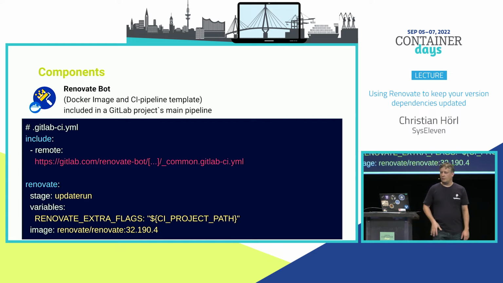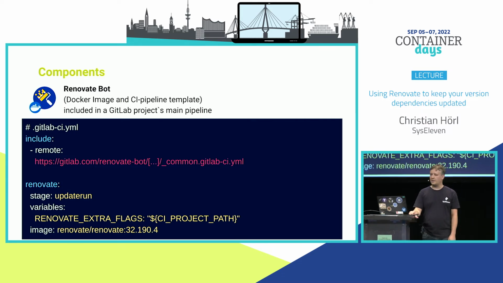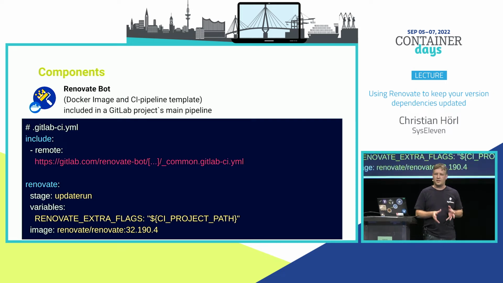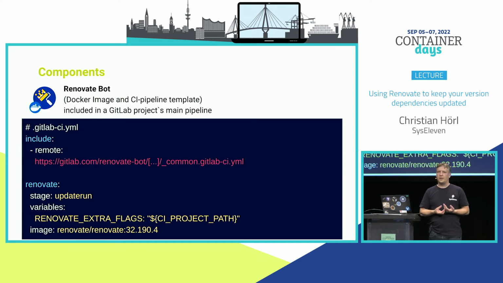So now, going into each of those important components, how does it look to integrate Renovate in your pipeline? Here we have our main GitLab CI YAML file, our main pipeline. Two things to be done. We include a remote URL, which holds a CI template offered by the Renovate runner project on gitlab.com.